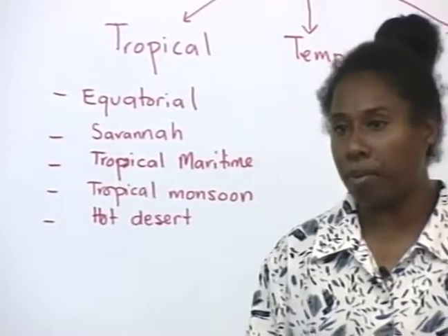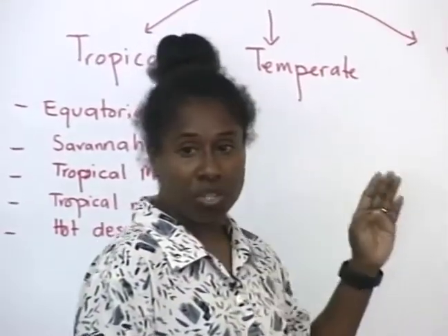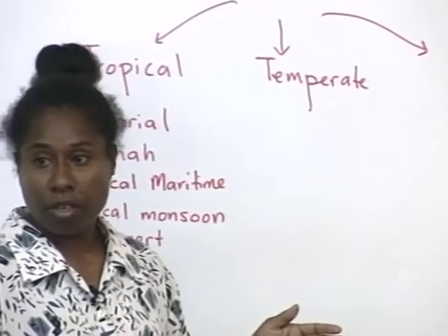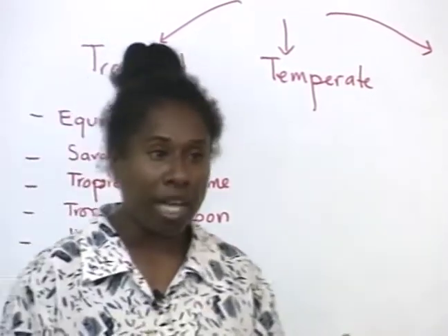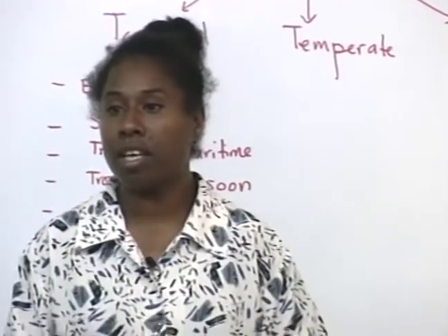Let's take, for example, a climate which is found on the eastern side, but within the tropical regions, where the southeast trade winds are dominant and bring in a lot of rain, mainly to the southeastern or the eastern side of the areas in the tropical area. Then those areas would be said to have a tropical maritime type climate.